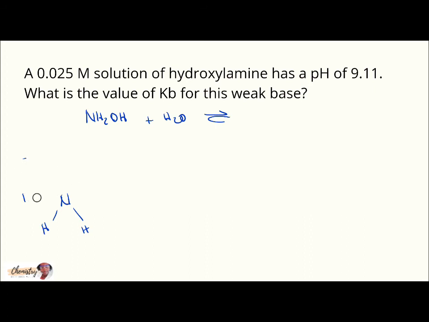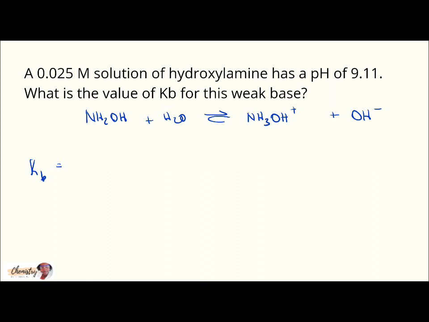So what we will form is NH3OH plus and OH minus. From this H2O, one hydrogen is donated to hydroxylamine, and the remainder of the water would be OH. We can write our expression for Kb.